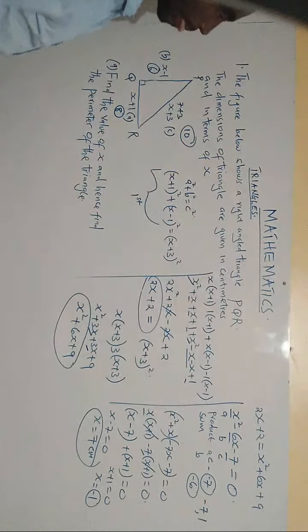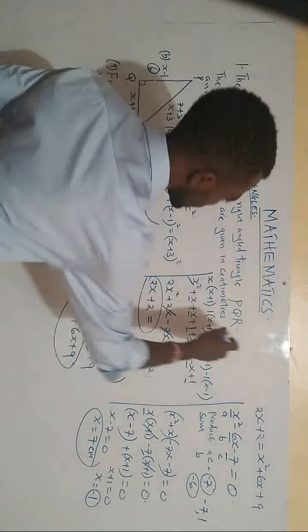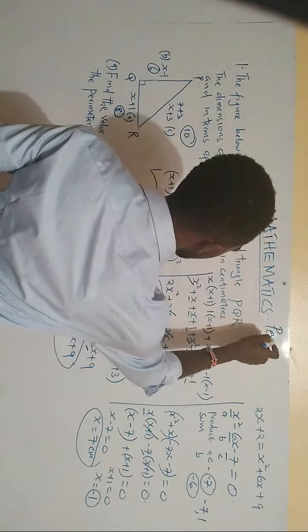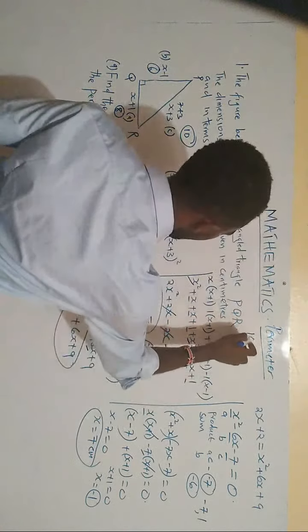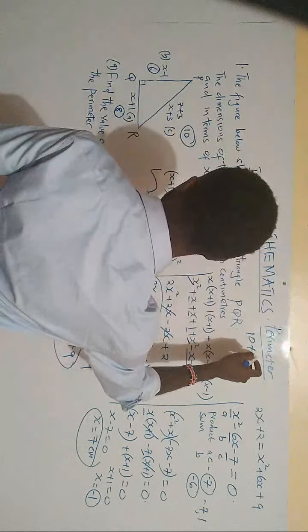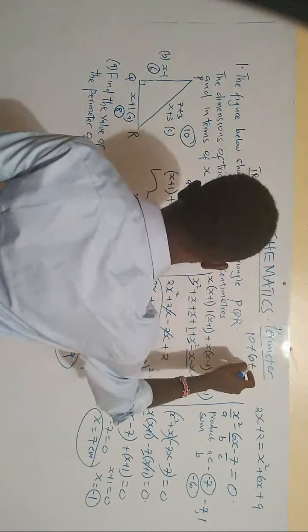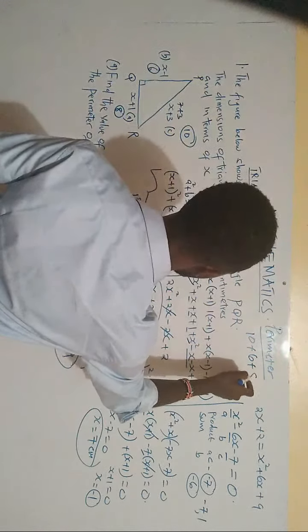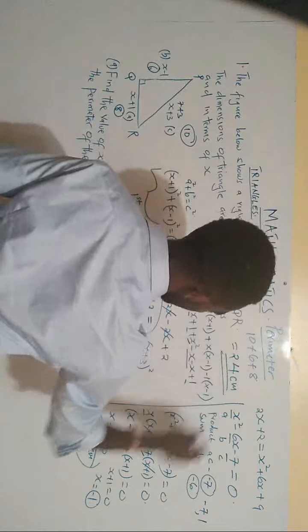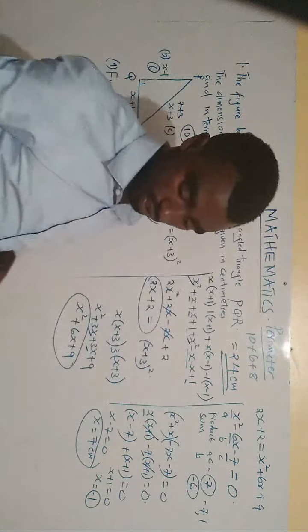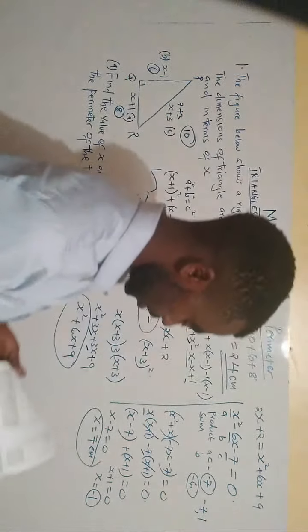So the perimeter: you add all around, so it is 10 plus 6, 16, plus 8, what do you get? 24. That is 24 centimeters. So that's how that equation is supposed to be done.